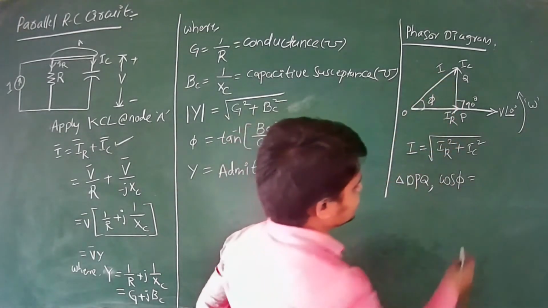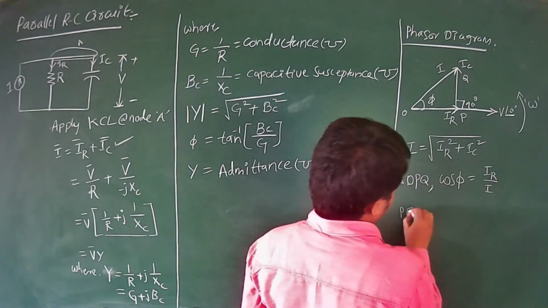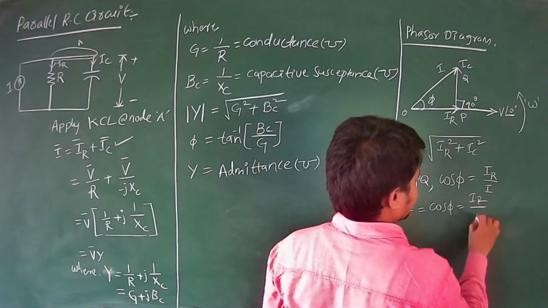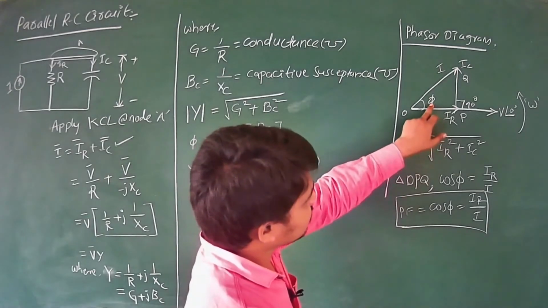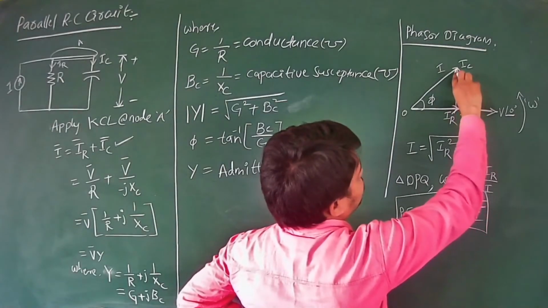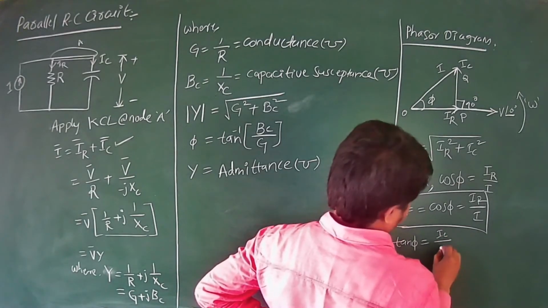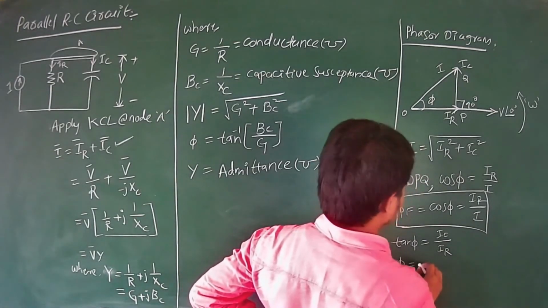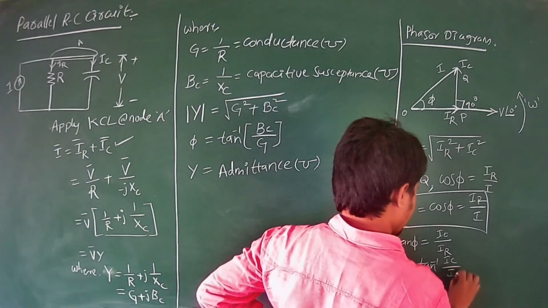Adjacent by hypotenuse, that is IR by I. Therefore, the power factor is cos phi, which is IR by I. Next, apply tan phi, which is opposite by adjacent, that is IC by IR. Therefore, the admittance angle is phi equal to tan inverse of IC by IR.